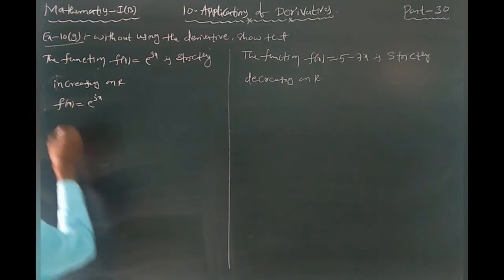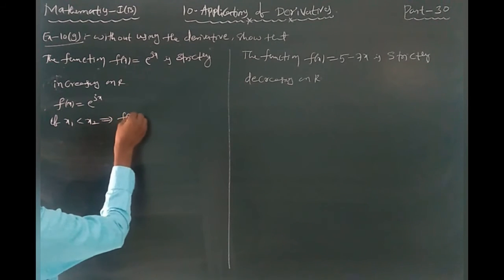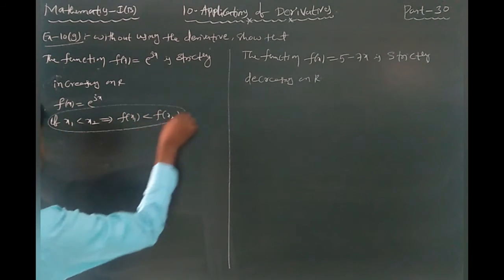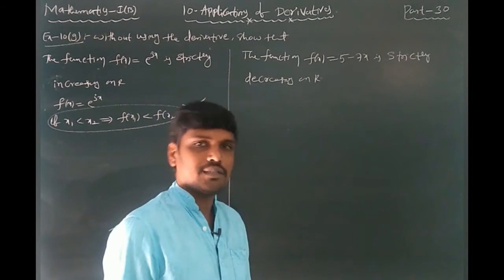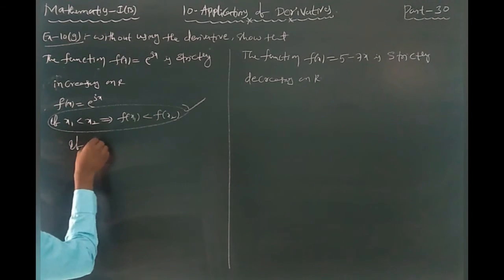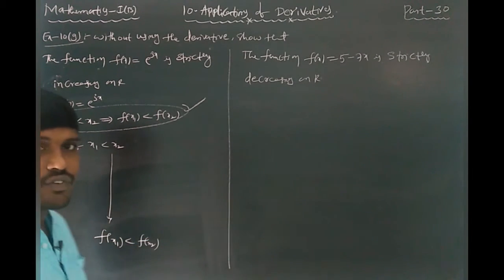After that, if x1 is less than x2, then f of x1 is less than f of x2. This is the strictly increasing function formula. In this formula, first you have to take x1 less than x2, and you can find f of x1 is less than f of x2, correct or not?